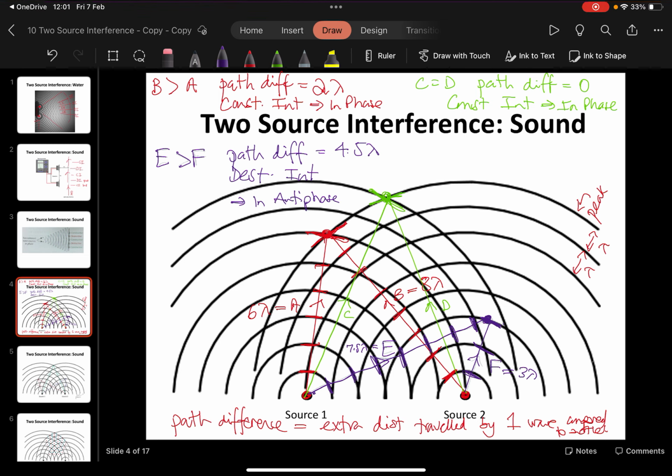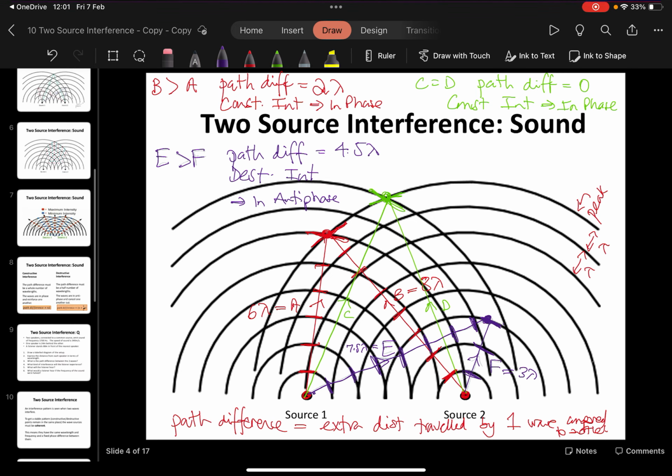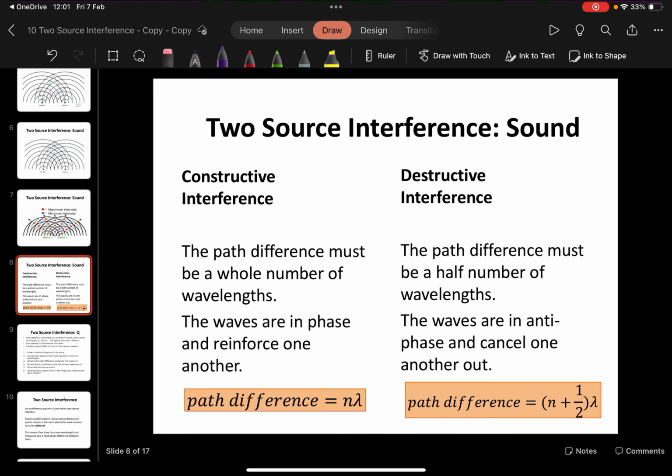And hopefully you'll recognize that that's how we described constructive and destructive interference when we looked at this in a previous video. So you've basically got two pieces of language now for describing constructive and destructive interference. We can either use the language of phase or we can use the language of path difference.